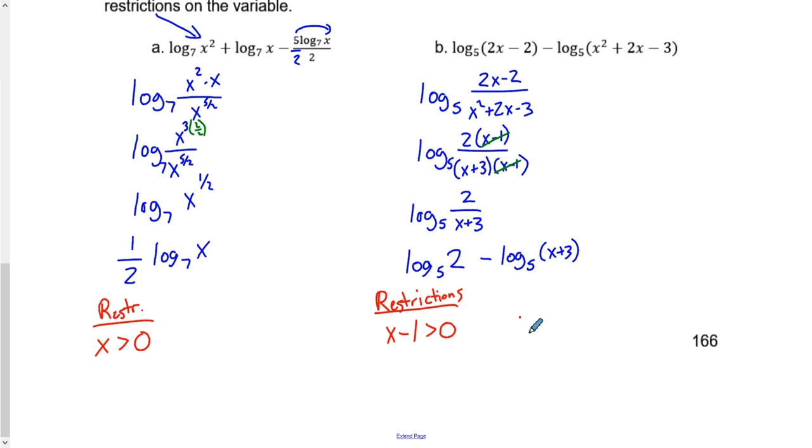At the same time, we also say that our x plus 3 has to be greater than 0. So solving for x, x has to be greater than 1, x has to be greater than -3. You're not going to have 2 restrictions on these. Only one of them matters. You only care about one of them. The answer is whichever one actually is going to be both.